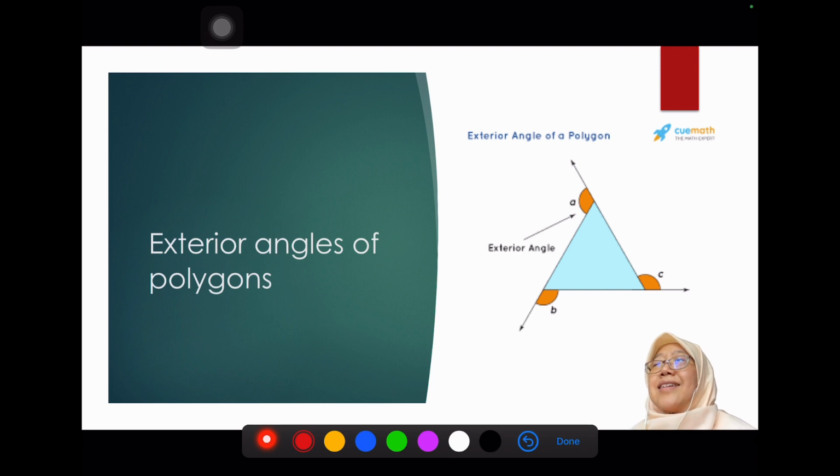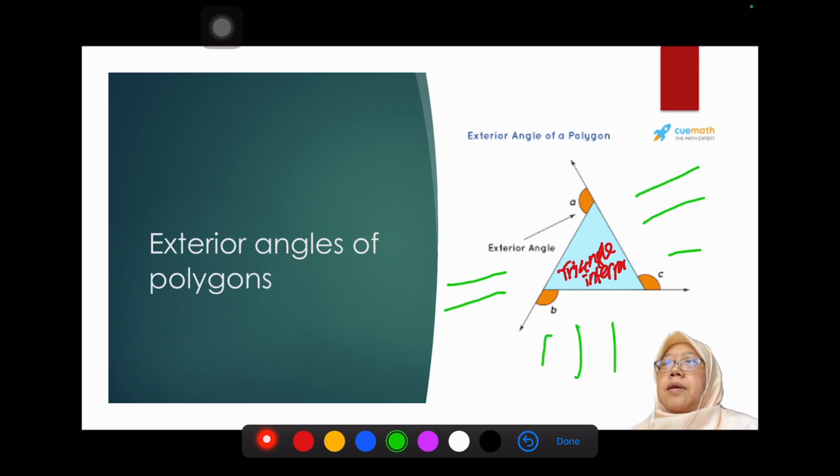Let's look at exterior angles of polygons. Now this is a polygon, this is a triangle, and this is the interior. The exterior will be this side, which is outside of the interior triangle. How do we find the angles?